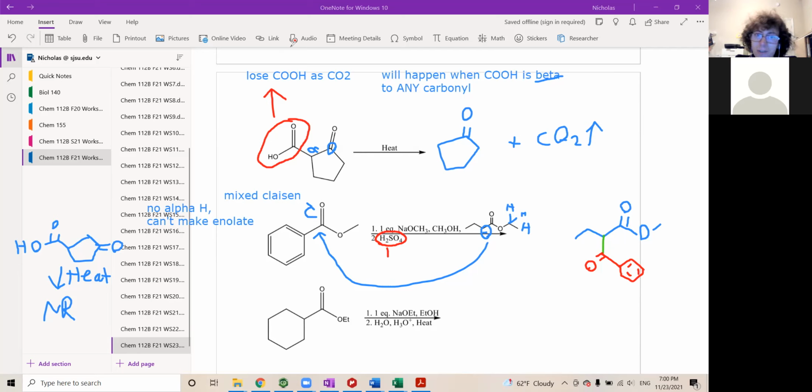But this is just another strong acid, like H3O plus, so it's going to perform the same function, and the reaction is going to go the exact same way it did before. Again, this is a beta keto ester for the product. All right, I am going to erase this to make room and go down to the next couple.